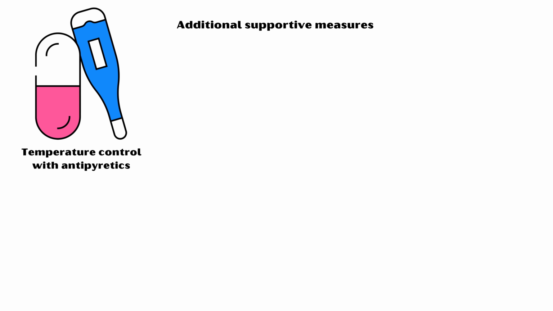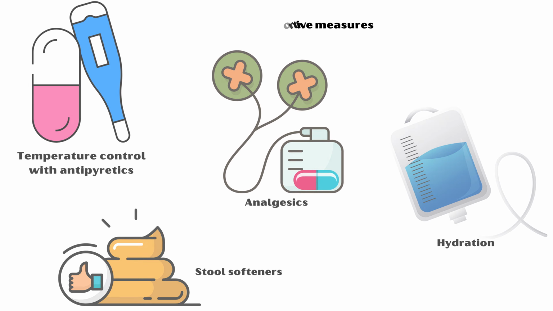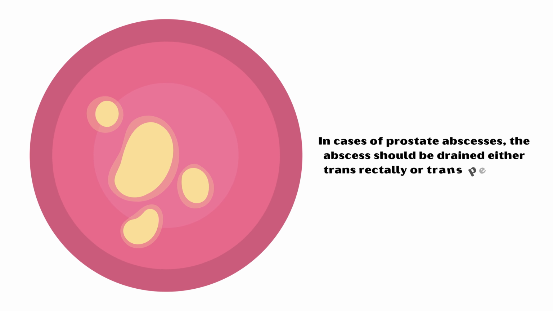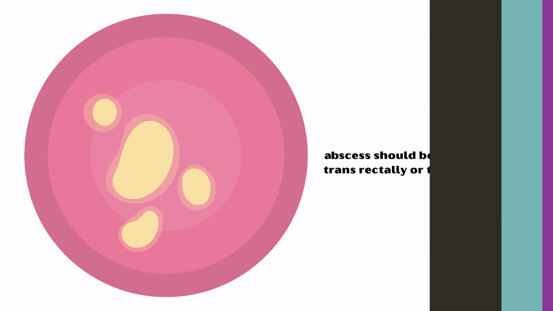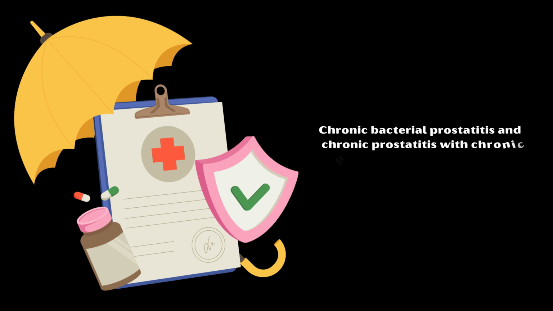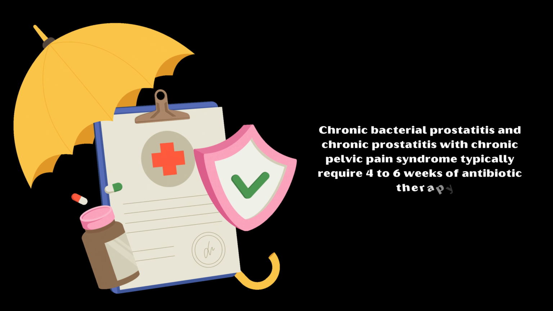Additional supportive measures include temperature control with antipyretics, analgesics, hydration, and stool softeners. In cases of prostate abscesses, the abscess should be drained either transrectally or transperineally. Chronic bacterial prostatitis and chronic prostatitis with chronic pelvic pain syndrome typically require 4 to 6 weeks of antibiotic therapy.